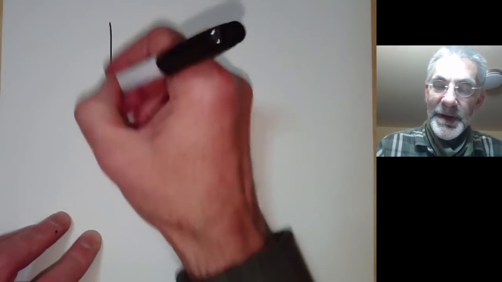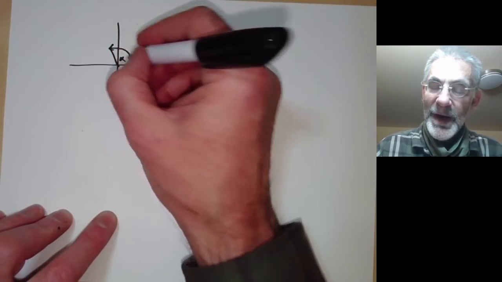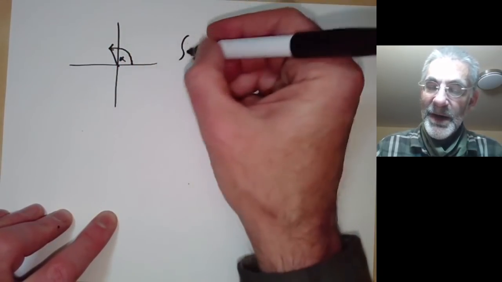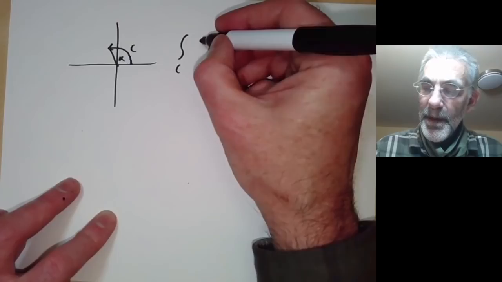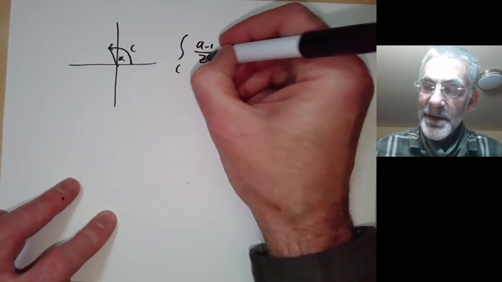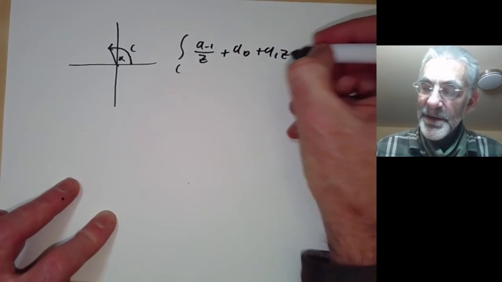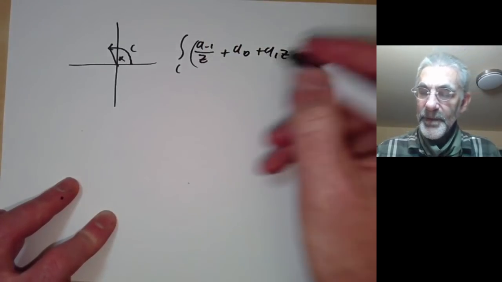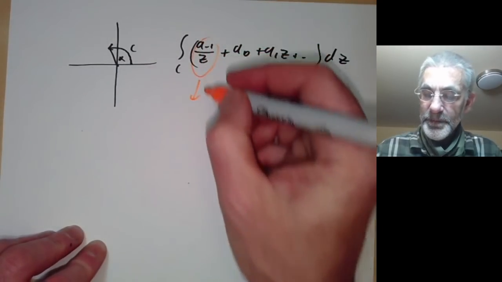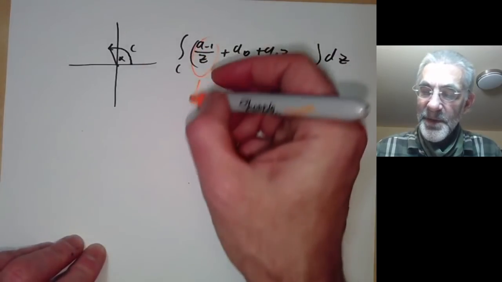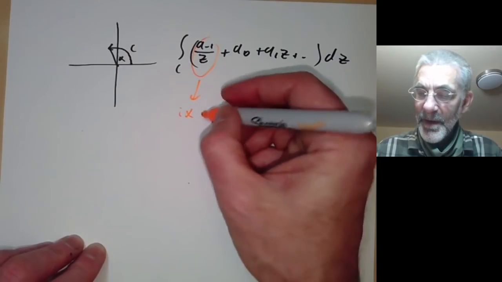So what we're doing is, if we integrate a fraction alpha around 0, so let's integrate around this contour c here of a minus 1 over z plus a naught plus a1 z and so on dz. Well, we can calculate this by working out this bit explicitly. So the integral of this bit just turns out to be i alpha times a minus 1.